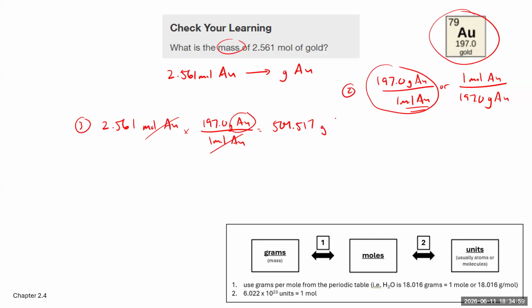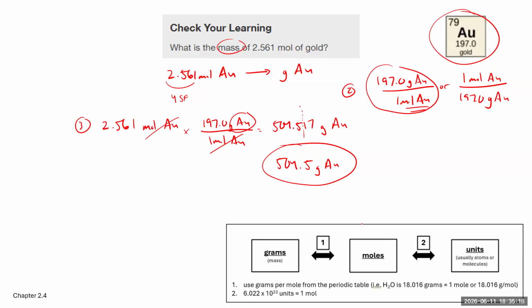Units, grams of gold. This is 4 sig figs. We're going to have to cut it off at 4, becomes 504.5 grams of gold.